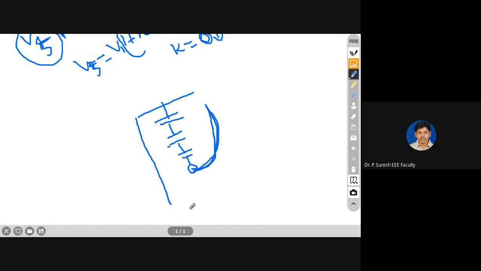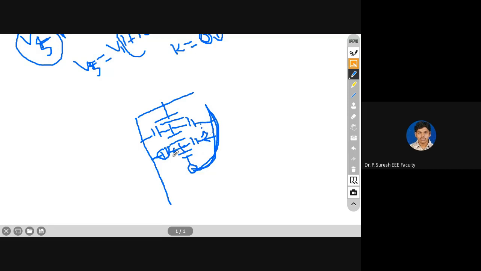It will improve the efficiency. By what means? Suppose the shunt capacitance carries some current. Whatever current is carried by this capacitance, the same current is supplied by this guard ring.